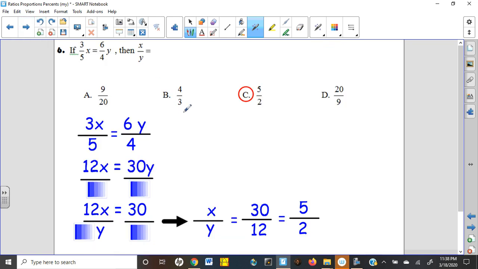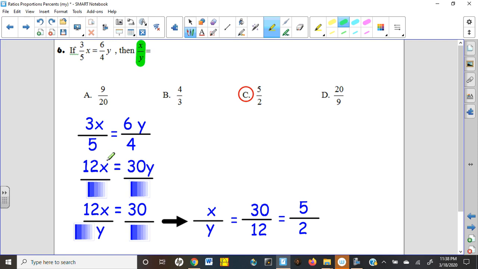Number 6, first I would rewrite 3/5 x as 3x over 5 so that it's easier to cross multiply. Once I cross multiply, I get 12x equals 30y. Now, keep in mind what you're trying to find, x over y.